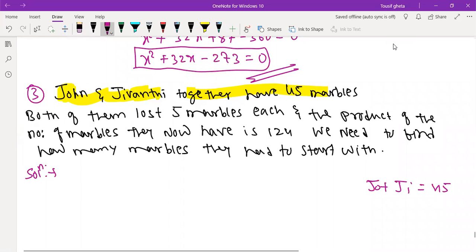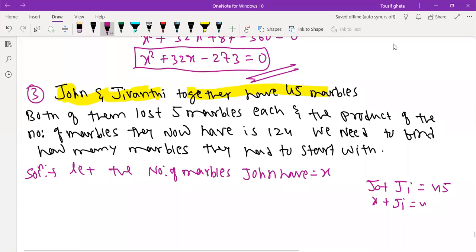So we will write, let the number of marbles John has be x. For example, if John has x, then Jeevanti is equal to 45 minus x. Simple, you can do it directly.